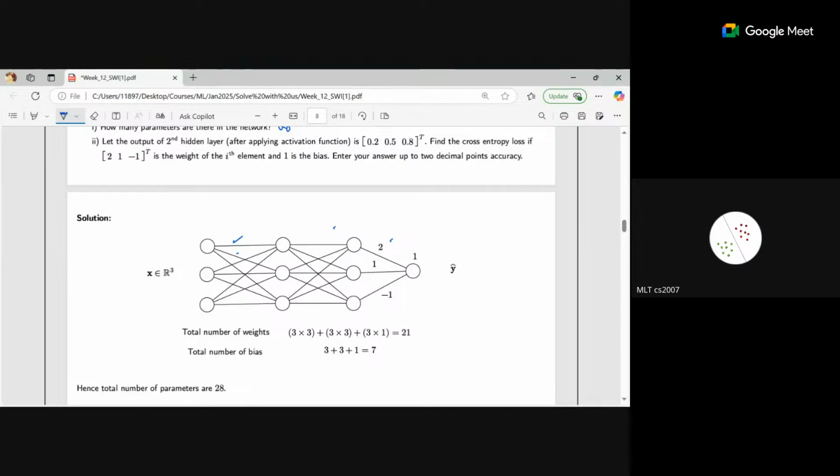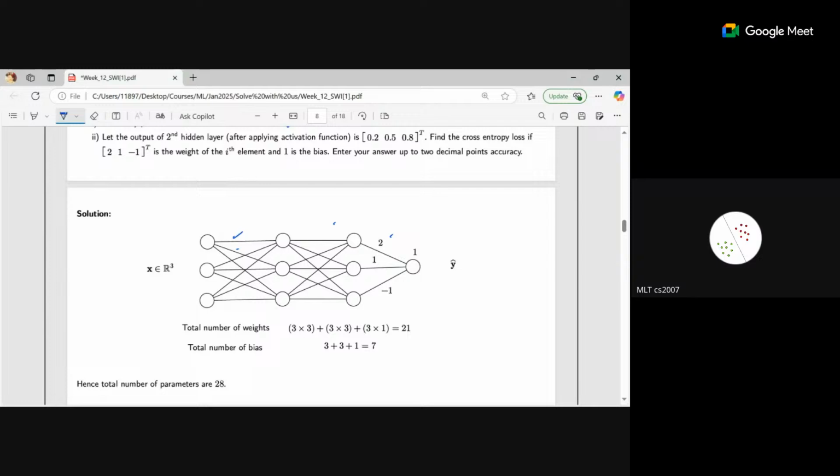Now the second question. I will just keep this figure. The output of the second hidden layer, after applying the activation function, is 0.2, 0.5, and 0.8.